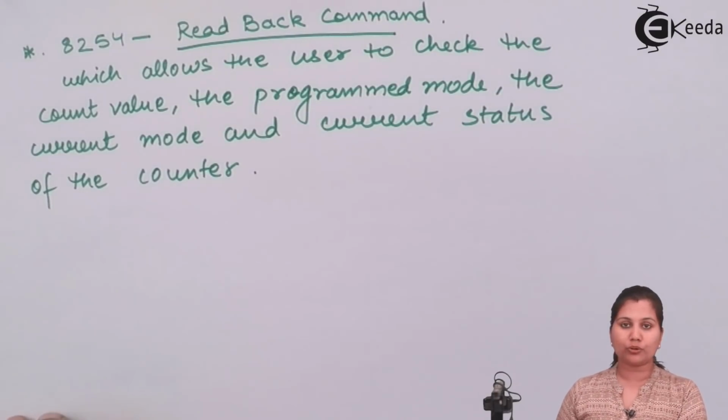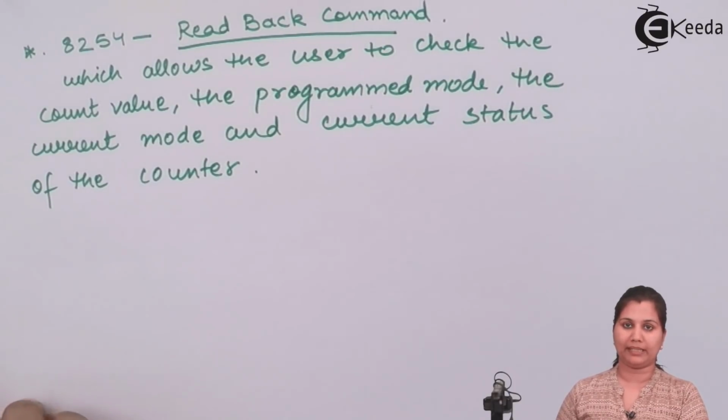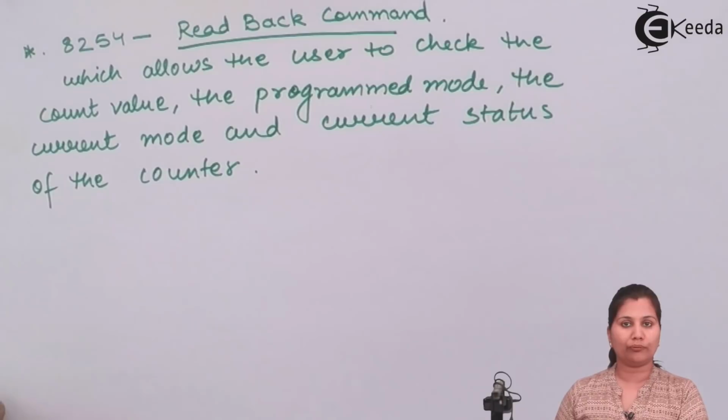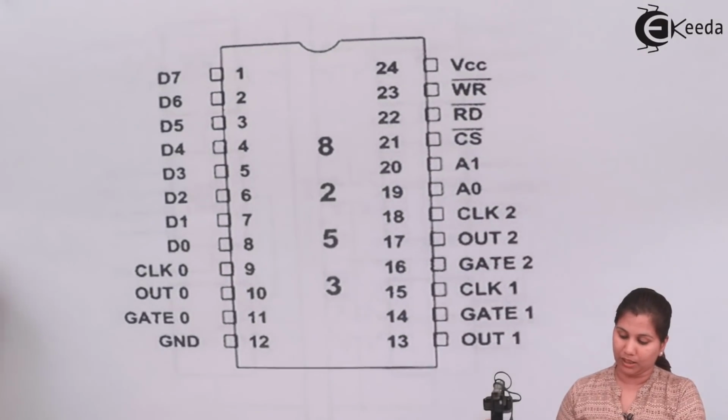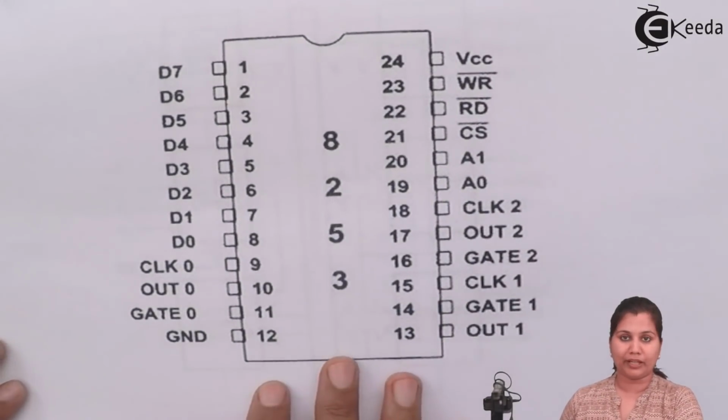So now let's come to the pin description and the block diagram of the programmable interval timer 8253. Here we will study about 8253 only. Coming to the pin diagram, this is the pin diagram of 8253.